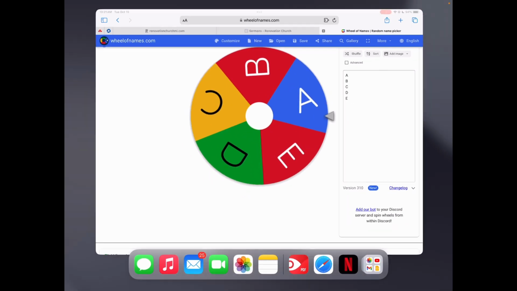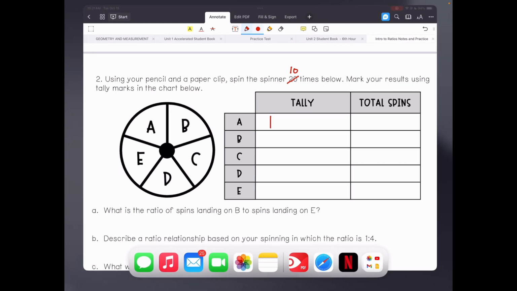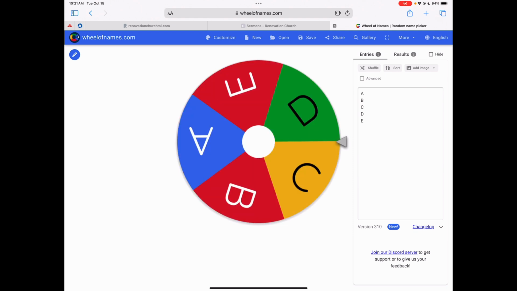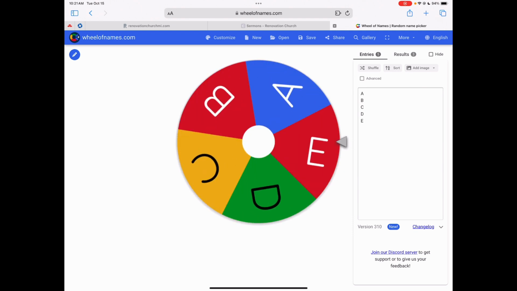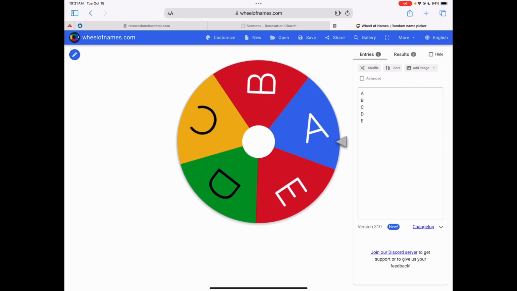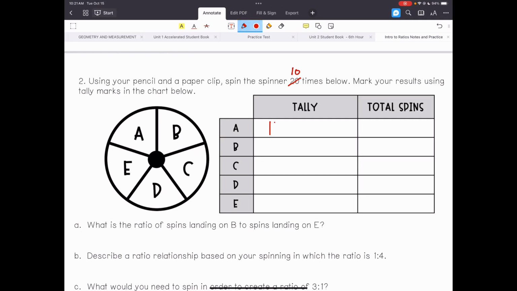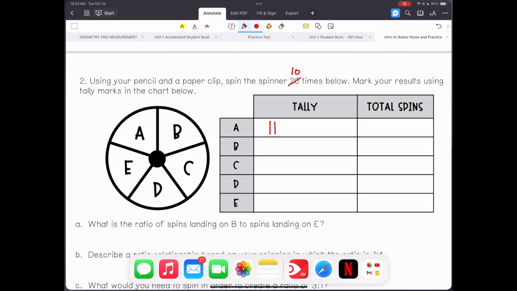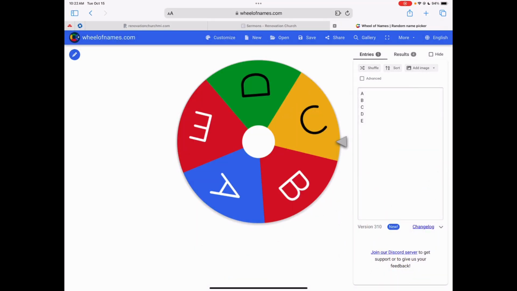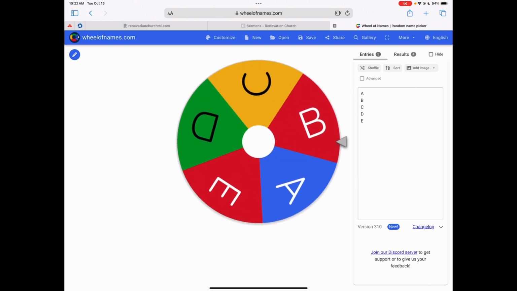All right, let's put an A tally. Tally for A. And we've got another A. Better not all be A's. That's statistically improbable. All right. Ooh, they're clapping for us. Woo-woo.